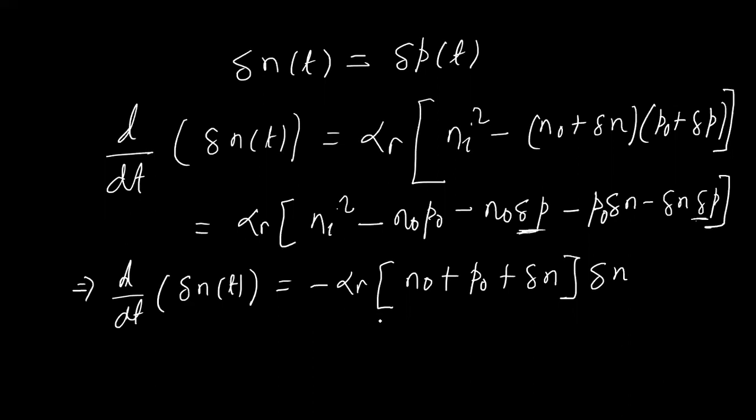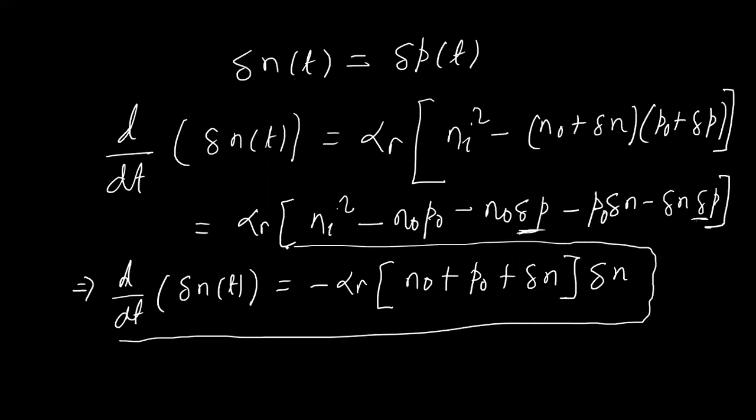What was the previous equation? d by dt of delta n(t) is equal to minus alpha r multiplied with (n0 plus p0 plus delta n). Now we considered that p0 is much larger than n0, and also p0 is much larger than delta n. This is for a specific condition: p type and low level injection.